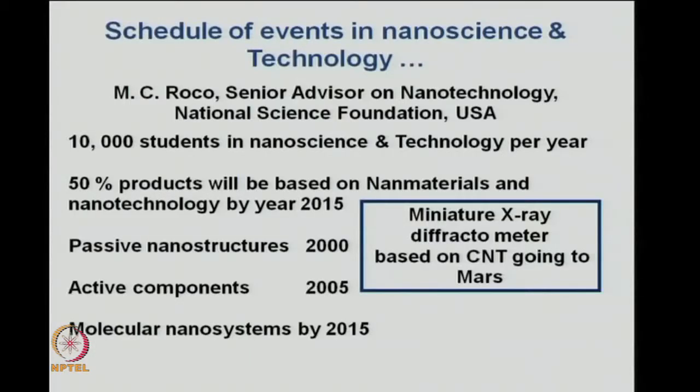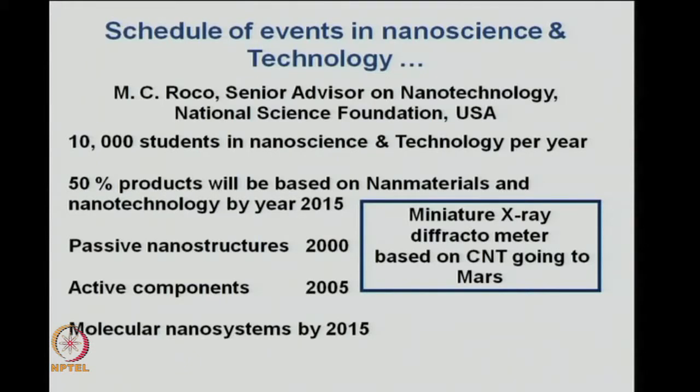on nanostructured materials. The senior advisor on nanotechnology of the National Science Foundation, in his lecture in 2005-2006, commented that we would need around 10,000 students in nanoscience and technology per year, and 50% of the products will be based on nanoscience and nanotechnology by the year 2015.